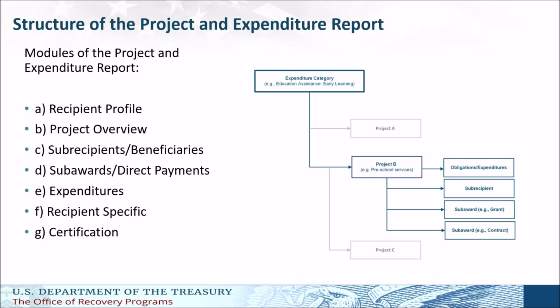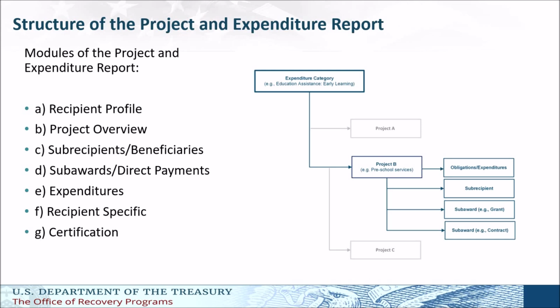Projects in this case are new or existing eligible government services or investments funded in whole or in part by SLFRF funding. For each project, recipients are required to provide data on several basic fields, including but not limited to the project name, the related expenditure category for that project, the total obligations and total expenditures for that project, and a brief description of the project itself.